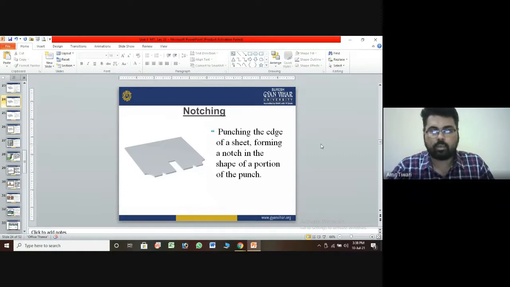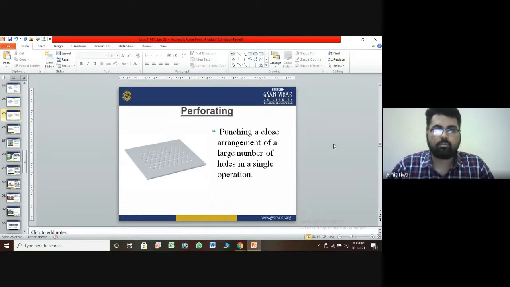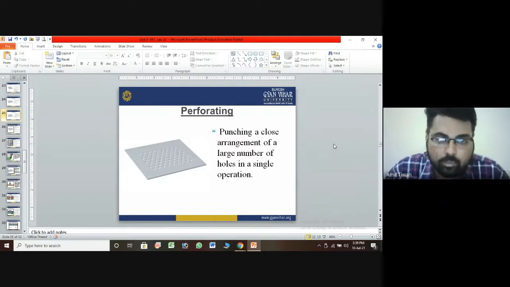These are very common and popular processes for sheet metal. And the next one is known as perforating. Perforating means providing a grip on the material, with roughness, for holding some material for that part. That is punching a close arrangement of a large number of holes in a single operation. You can see in this diagram that in the sheet metal some small holes are provided, a number of holes with an inclination at an angle of 45 degrees.